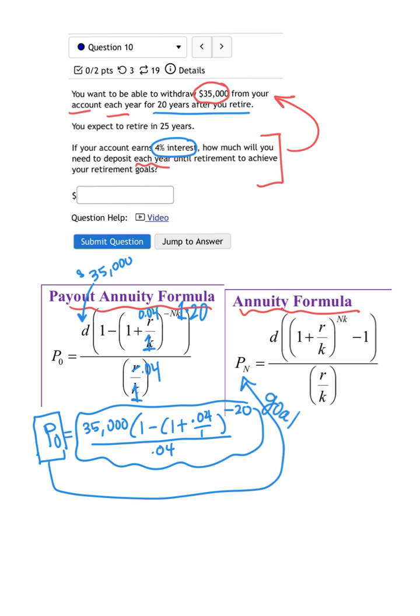So the question says, how much will you need to deposit each year in order to reach that goal? So I would figure out what this amount of money is. And then over here, I'm basically trying to figure out what that D is going to be. The interest rate's still the same, 0.04. It's still an annual rate, so we have a 1 here. This time we're going to expect to retire in about 25 years, it says.